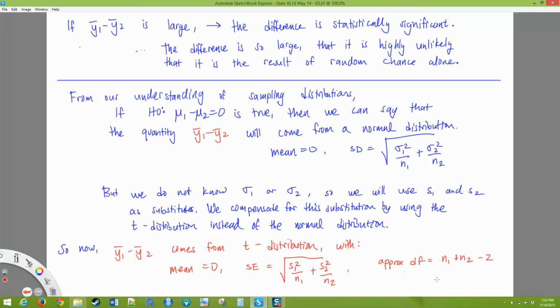And again, this is an approximation for the true degrees of freedom, which is a complicated formula that we don't need to get into. Okay, so this is what we have.